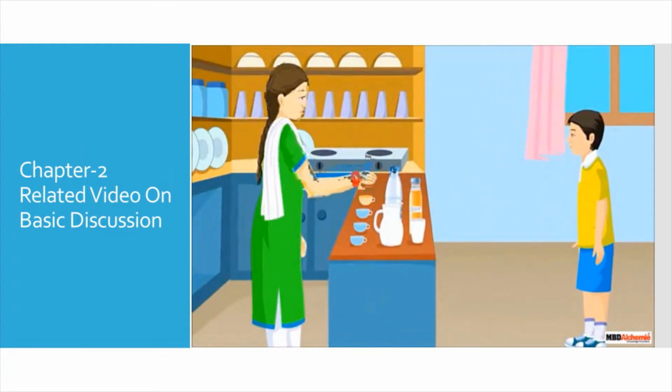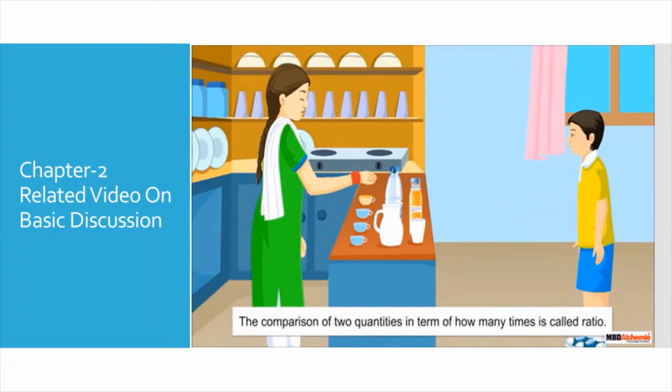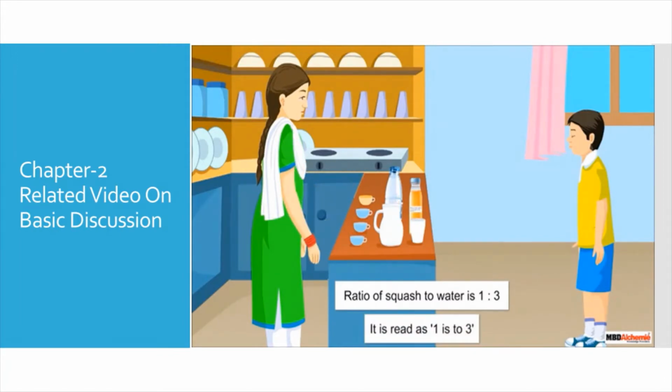You know, here you are comparing using ratios. What is a ratio? The comparison of 2 quantities in terms of how many times is called ratio. Here, the ratio of squash to water is 1:3, and it is read as 1:3.